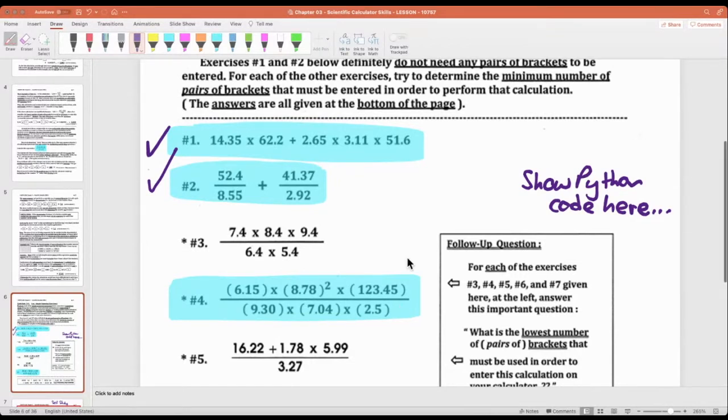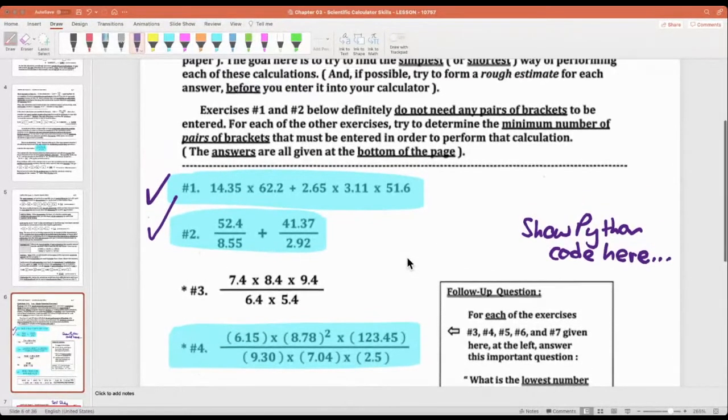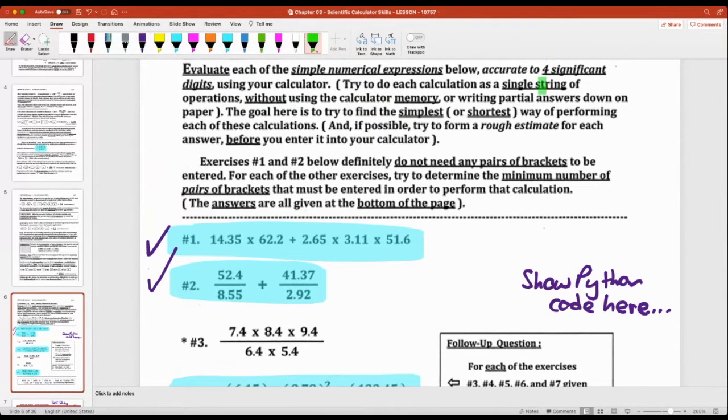It says to round them to any rounding here? No. Yeah, so the question says 4 significant digits. So let's stick to that.